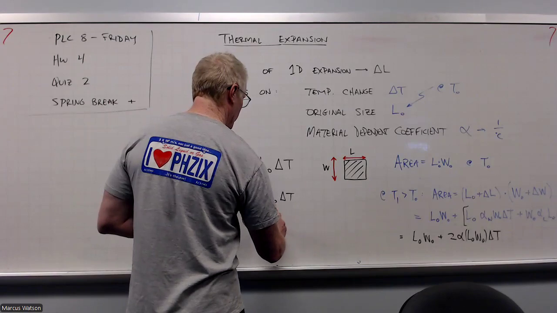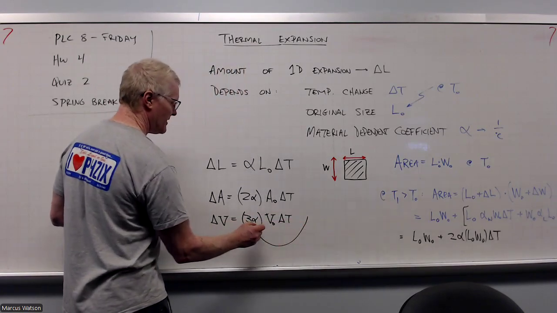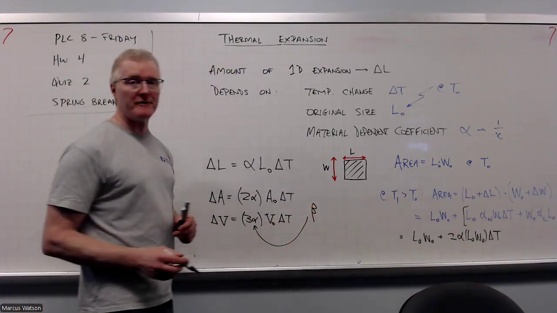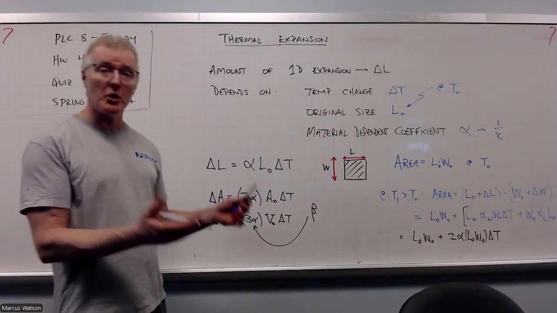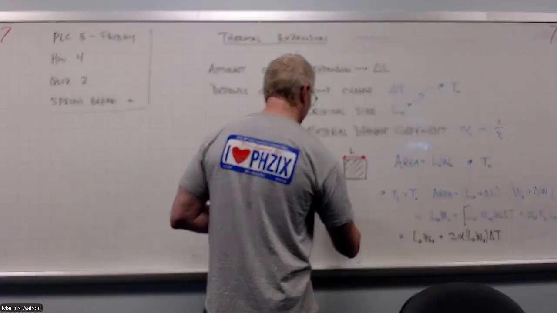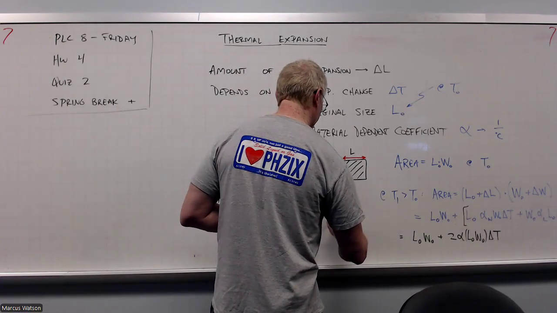You'd multiply by the original volume, and by the change in temperature. Quite often, that 3 alpha is known as beta, which is just the coefficient of volume expansion. Sometimes those are known because those are pretty easy to measure, right? So this would be a volume expansion coefficient rather than a linear expansion coefficient.